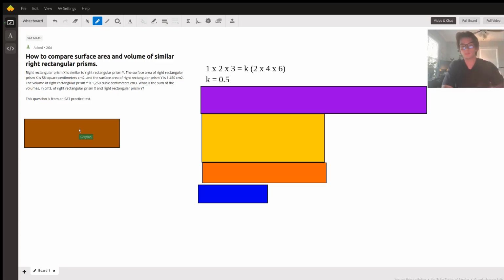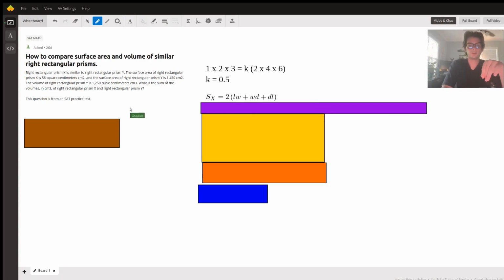So using this principle for our equation, let's first define the surface area Sx as 2 times LW plus WD plus DL. And using what we just talked about, we're going to multiply each of these dimensions by the same factor of k, and we're going to set that equal to our surface area Sy.